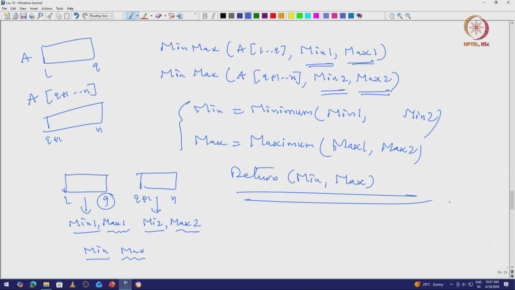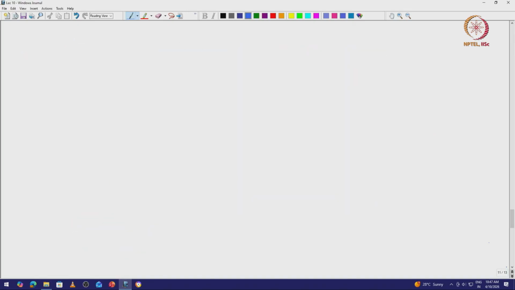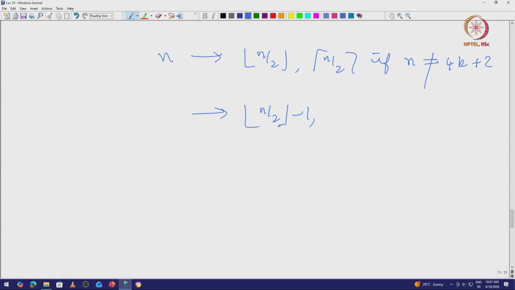In other words, you can split n as n by 2 ceil n by 2 if n is not of the form 4k plus 2, but you split as floor n by 2 minus 1 and ceil n by 2 plus 1 if n is of the form 4k plus 2.